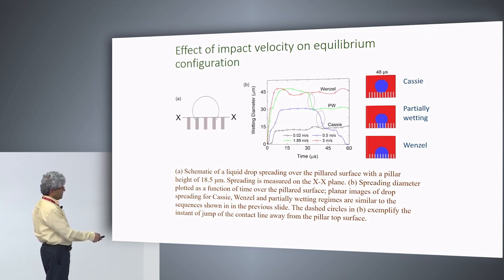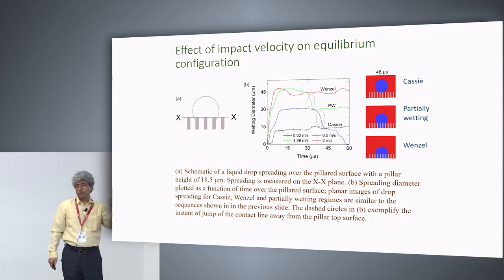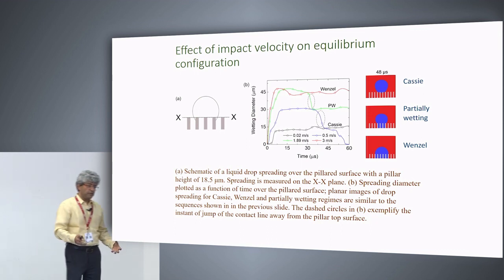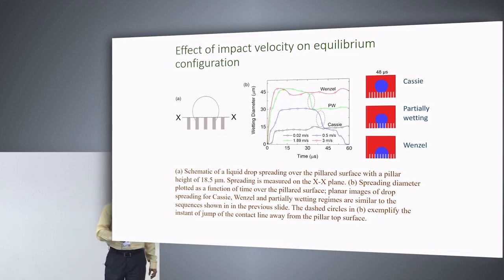So, finally, in Cassie you attain some equilibrium state, Wenzel also you attain some equilibrium state, but there could be a multitude of partially wetting conditions, and each could have its own unique solution depending on initial conditions. Initial conditions would be how the drop approaches the surface.